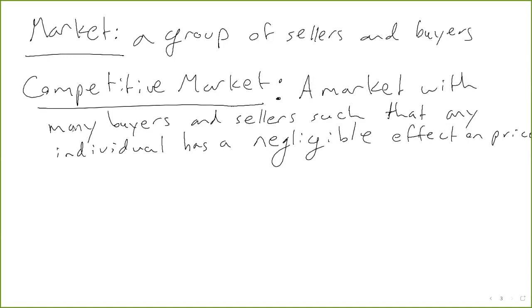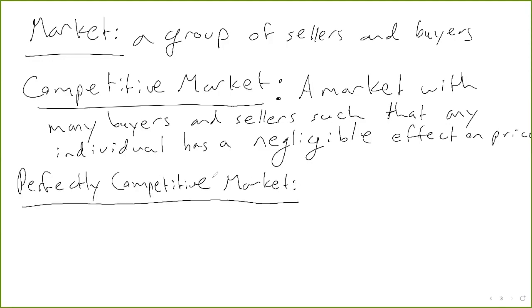And then finally, we have a third classification of market, which is a perfectly competitive market. So a perfectly competitive market is characterized by two characteristics. The first is that all goods in this market are the same. So you can think of these as commodity items.